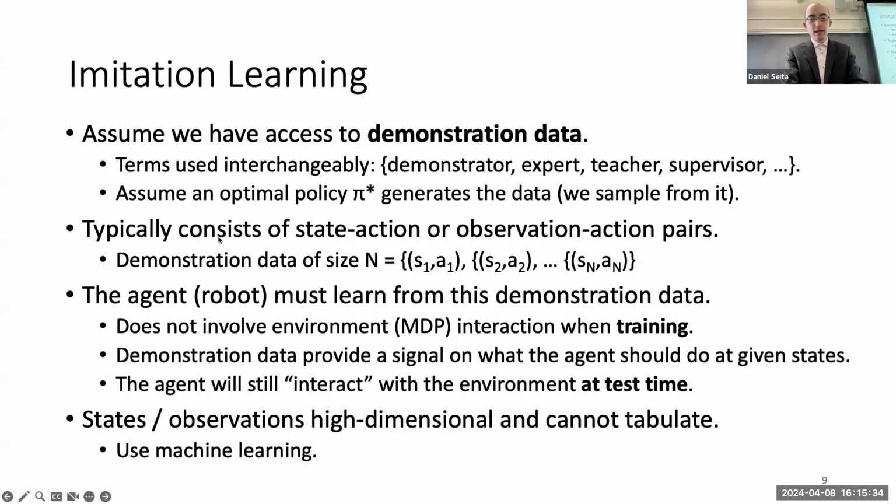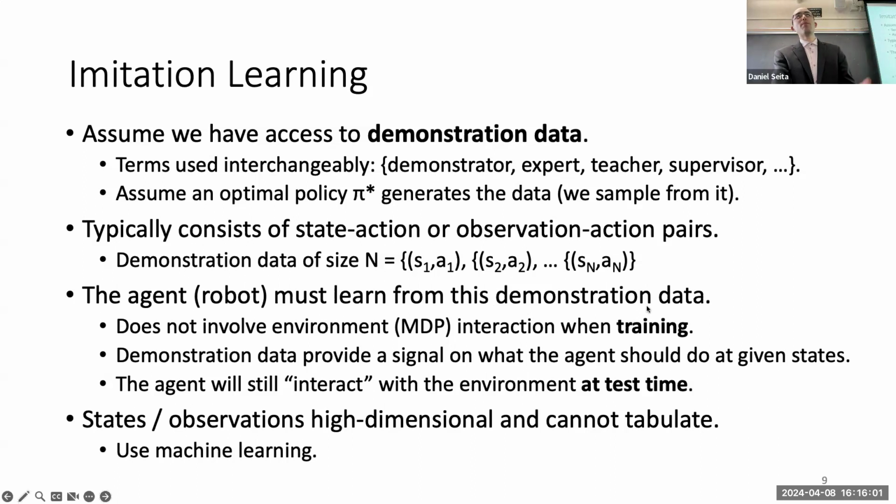Now, given the demonstration, the agent must learn from that. The distinction between imitation learning and reinforcement learning is that in imitation learning, we will not have environment interaction when training, or at least when learning from data. This is a very big advantage.